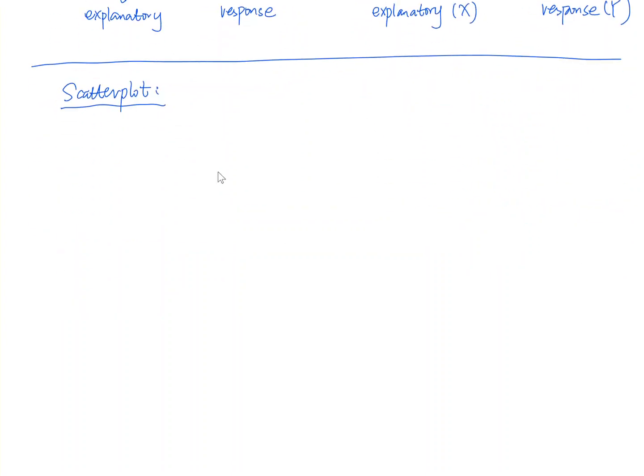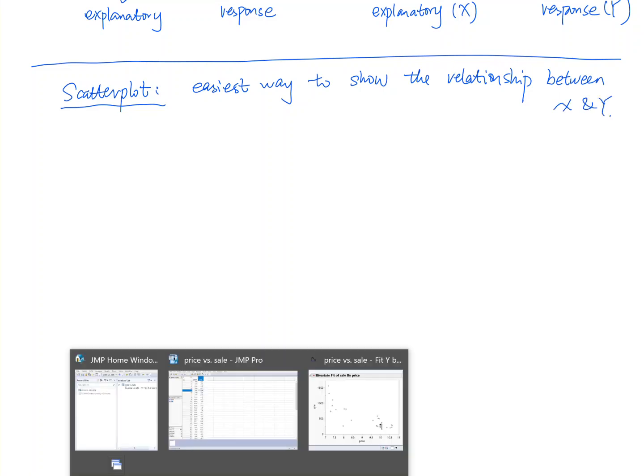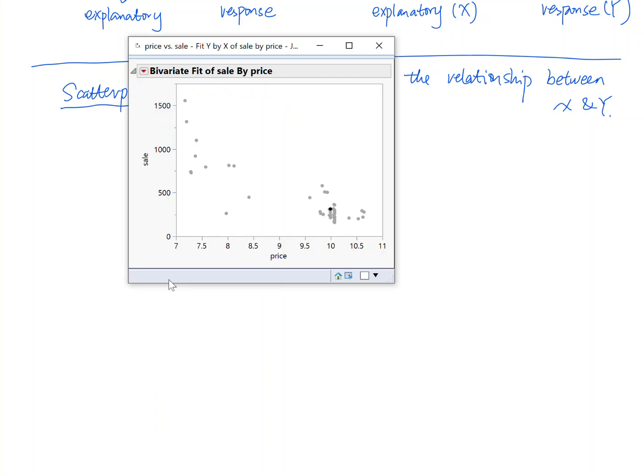We say it is the easiest way to show or describe the relationship between x and y. In the first step of regression analysis, the scatter plot is always the first thing to show up.